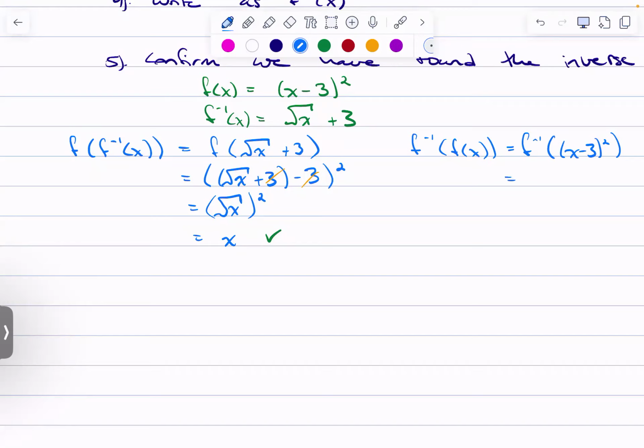I get the root of x minus 3 squared, then plus 3. X minus 3 squared square rooted is great because it becomes x minus 3, then plus 3, which goes away, and I'm left with x.